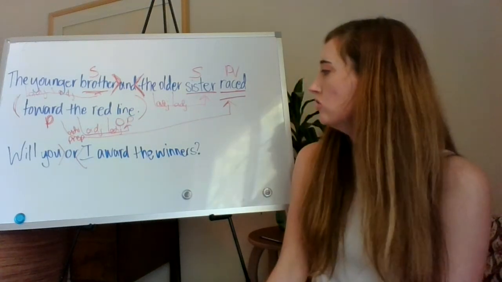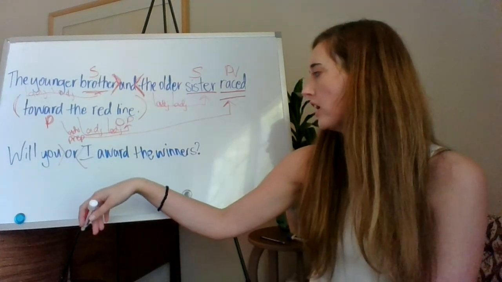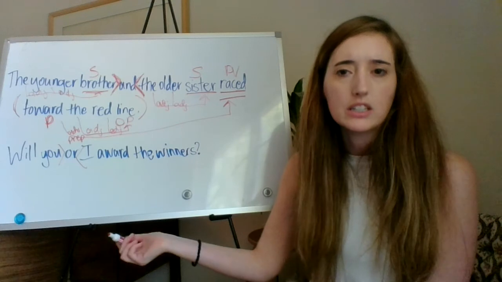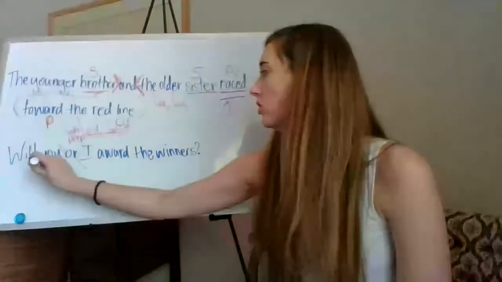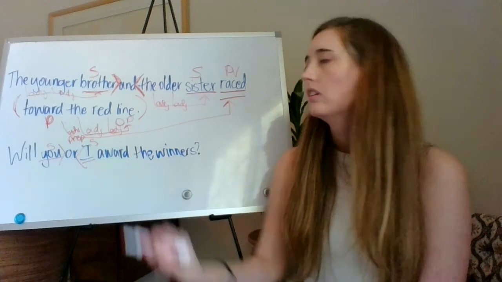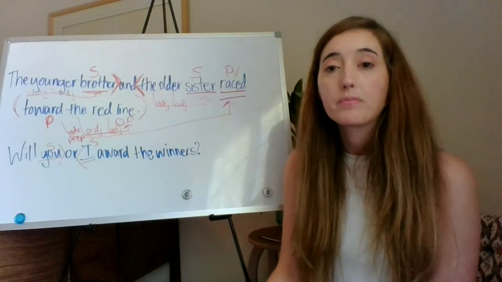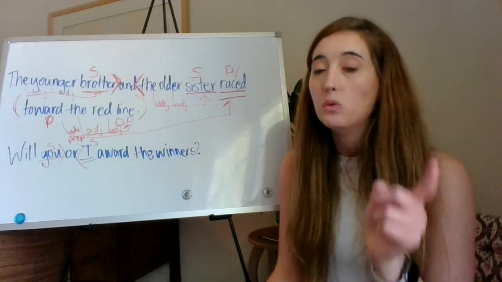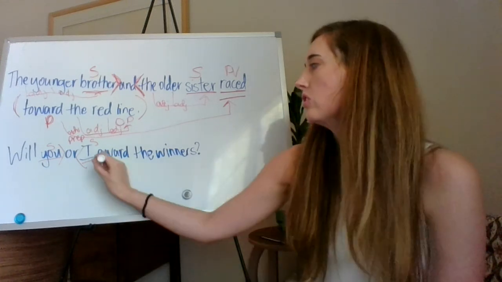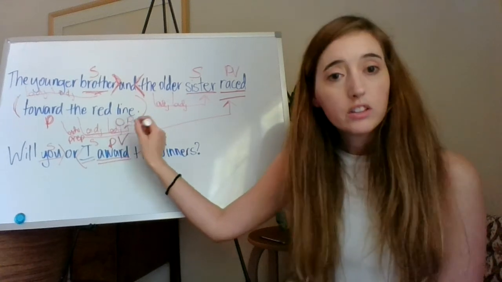Okay, now let's read it again and find our subjects. Will you or I award the winners? Who or what is this sentence about? You and I. You and I are the subjects because they are what the sentence is about. This sentence tells us that you or I award, there's our predicate verb.